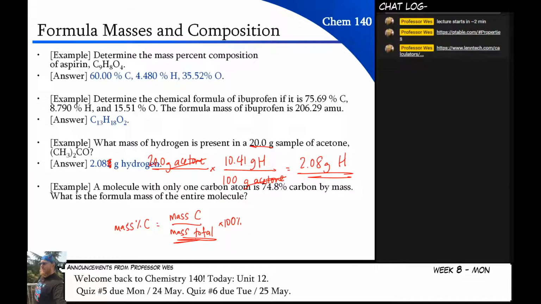I need to solve for this term down here, mass total, right? So I could rearrange this formula to become mass total equals mass of carbon divided by the mass percent of carbon times 100%. And my percentages would cancel out.